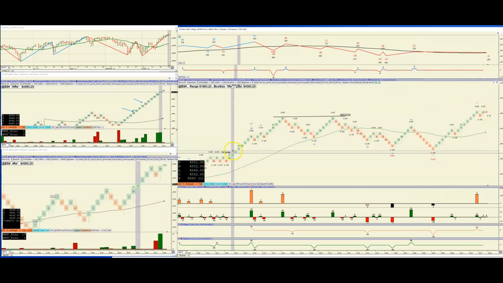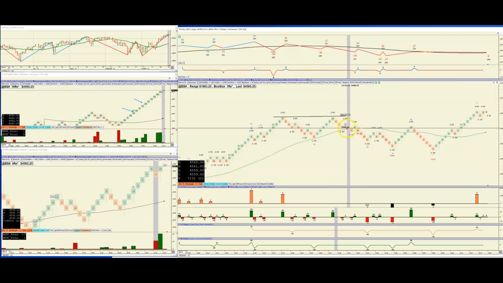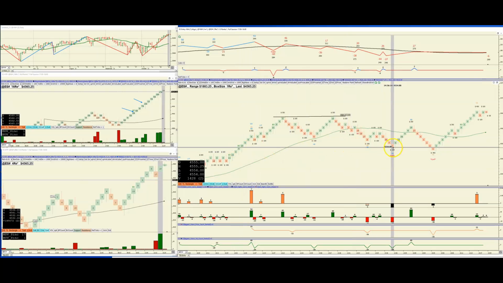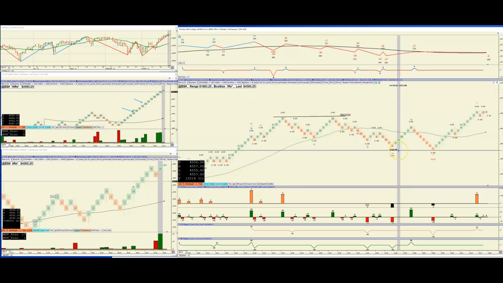The pullback buyers are right here. Here, the breakout buyers failed. So now it's coming back to the area of the pullback buyers. The pullback buyers initially bought here, taking it up, and then it came back down where there are more pullback buyers.